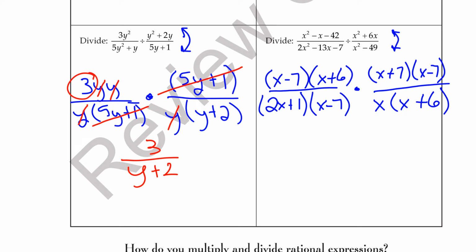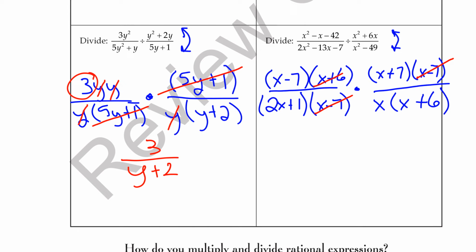So let's look and see. This x minus 7 can cancel with this one, but this one can also cancel with this one, but only one or the other. You can't cancel both. You can cancel these vertically, or you can cancel these diagonally, but not both. So let's just do diagonal canceling. That's what we do most often.